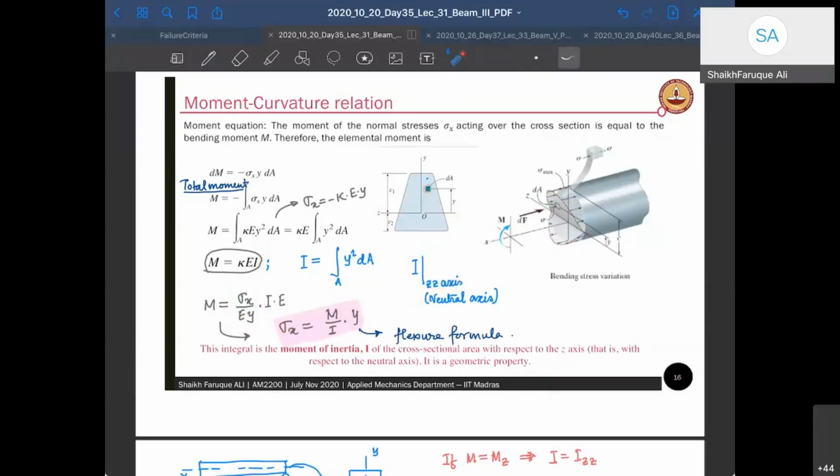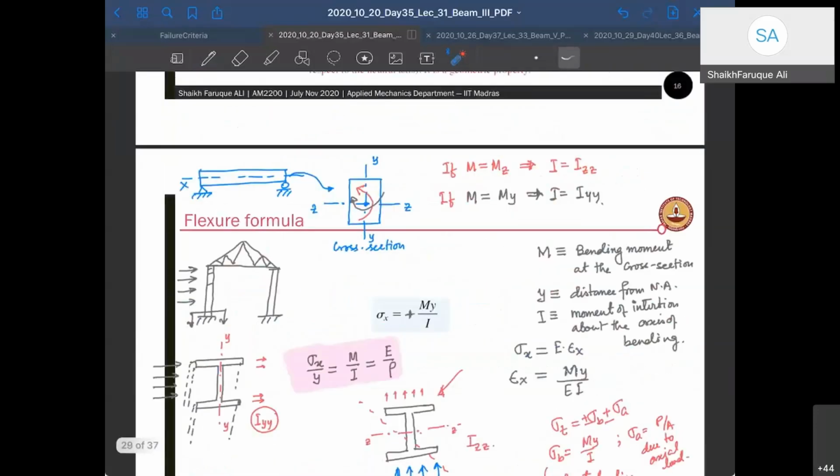Just to make sure that you understand, if you have a cross section which is rectangular here, you will have two lines. This is the z-axis, and there is one y-axis in the cross section, and the x-axis is along the length. Now you can have two I's. One is Izz, this red one, and one is Iyy, this black one. When your system is in plane bending, you have to take Izz.